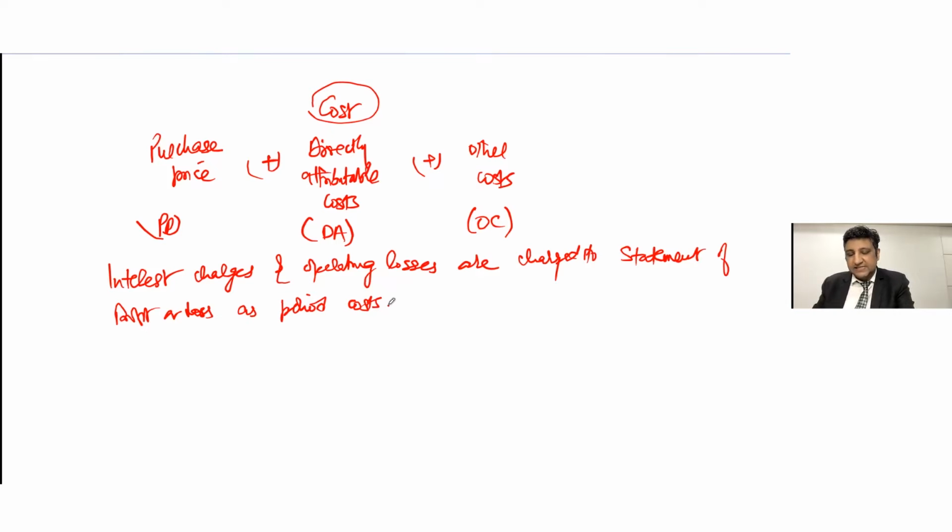That's how we try to understand the requirement of the question and categorize those different expenses in terms of what should be capitalized and what should be charged to the statement of profit or loss.